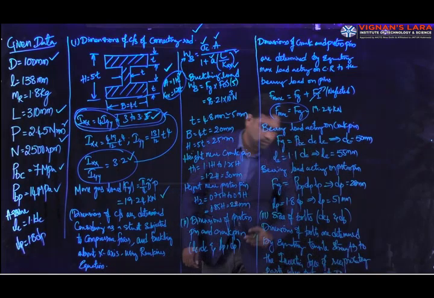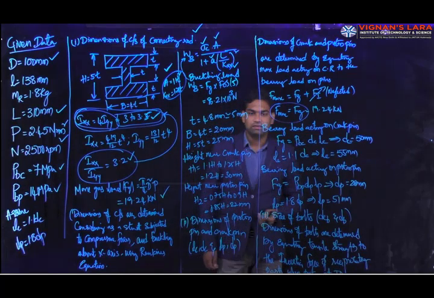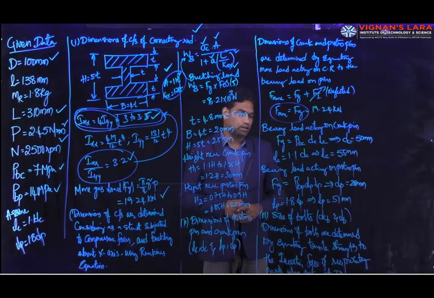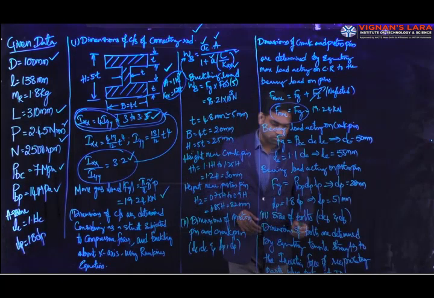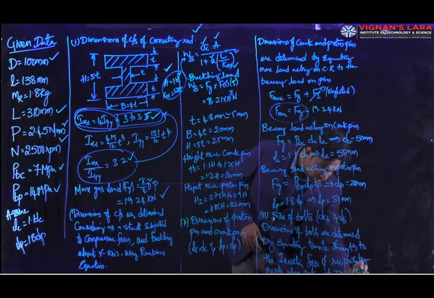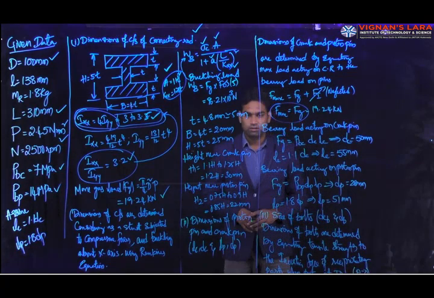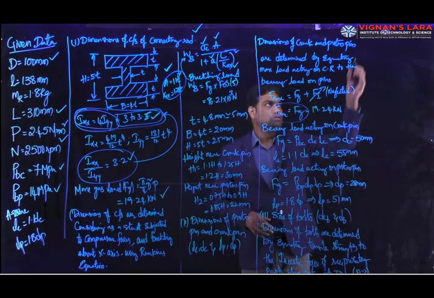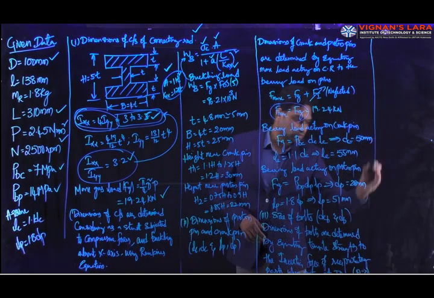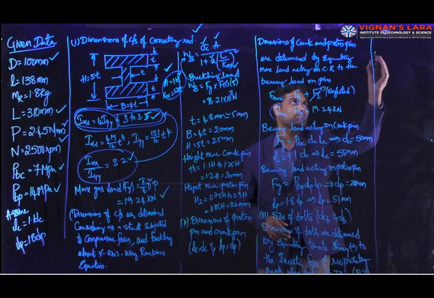Why do we consider the piston at TDC? There we can observe the maximum inertia force. When the crank angle theta is equal to 0, the inertia force due to the reciprocating parts is maximum at that particular condition. Clear? So we can calculate the inertia force Fi.